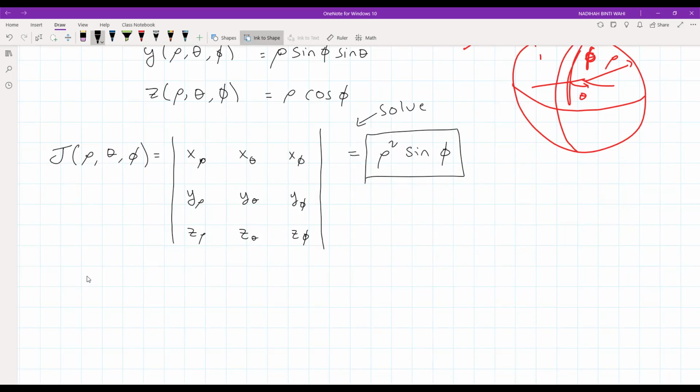Okay, so how do I put it into a triple integral? So this is the region R for f of x, y, and z, and then this is dV.